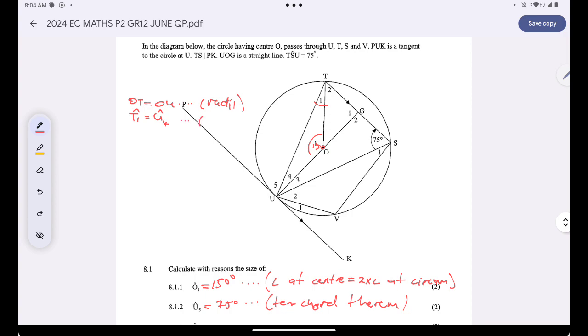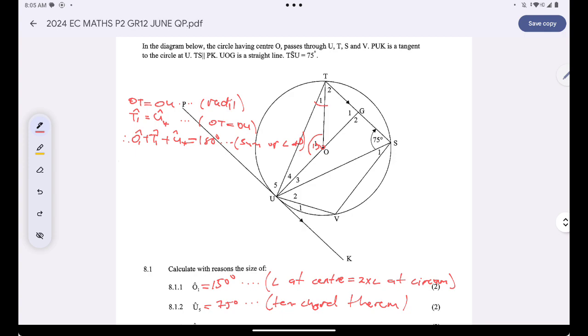Because triangle TOU is an isosceles triangle, and it's isosceles because OT is equal to OU. So I can simply say angle O1 plus angle T1 and angle U4 will add up to 180 degrees. The reason behind that, I can just say sum of angles of a triangle.